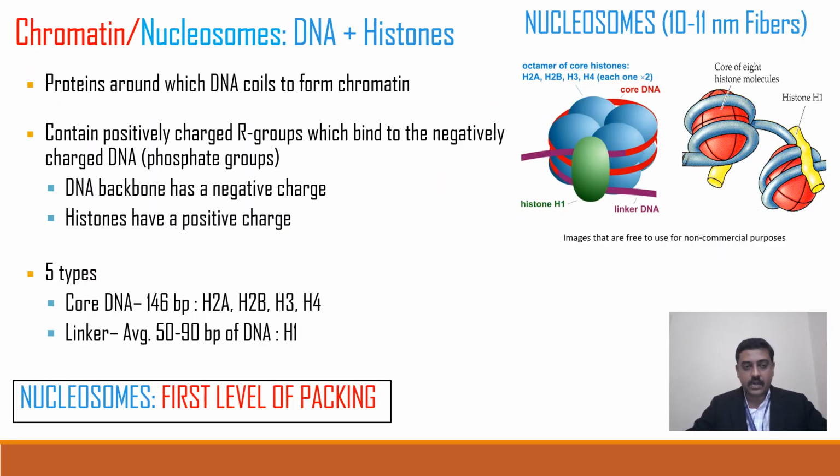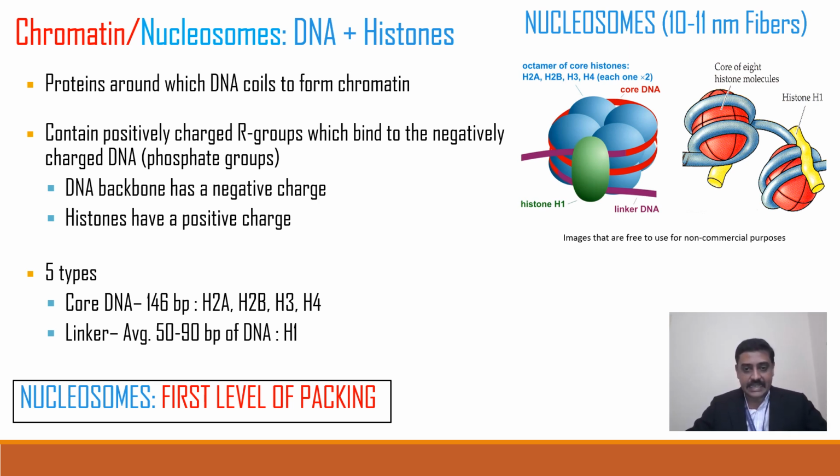The first level of structural organization of chromosomes is called the nucleosome. What are nucleosomes? These are 10 to 11 nanometer chromatin fibers, made up of both DNA and histones, as we see over here. A certain length of DNA is wound around the histone octamer.